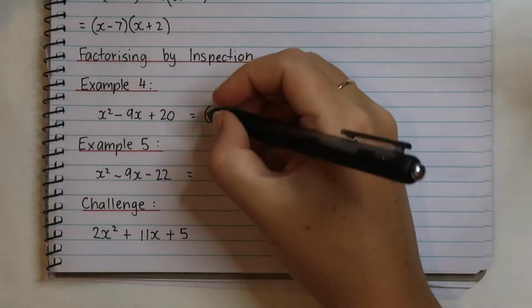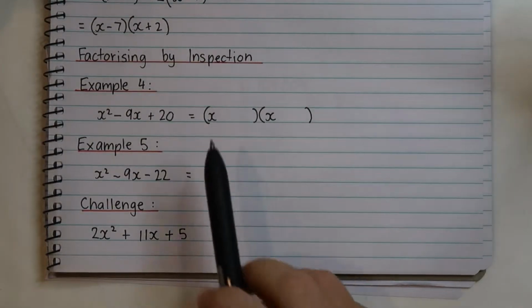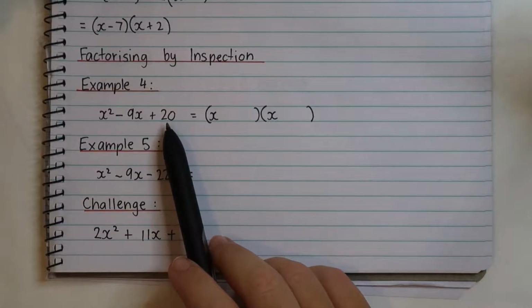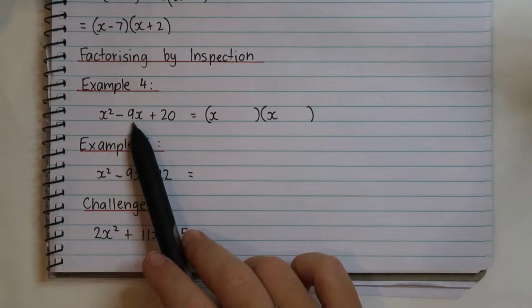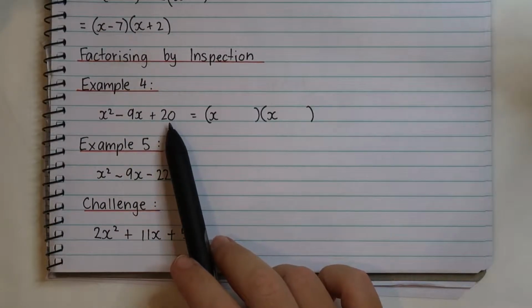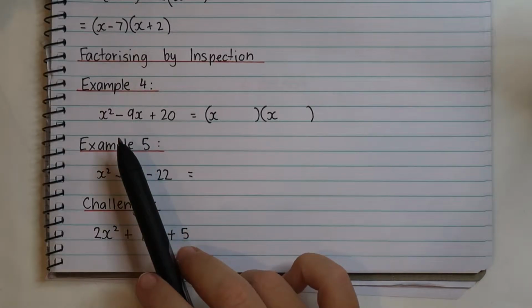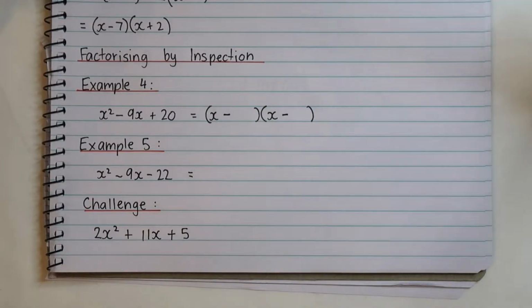Because this is an x squared, clearly we need to put an x in both of our brackets. So now let's have a look. We have 20, it's positive, and we have a negative 9. So two numbers need to multiply to get 20 and add together to get negative 9. So these two numbers that multiply together must be negative.